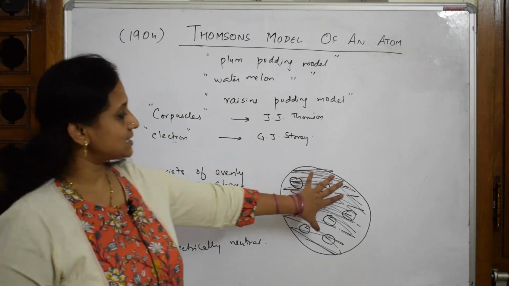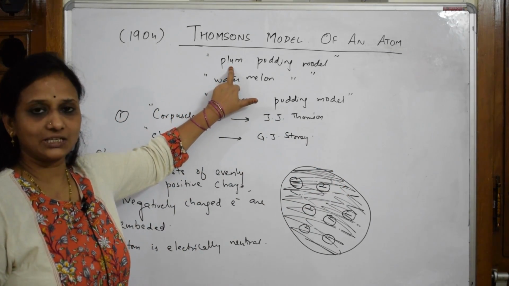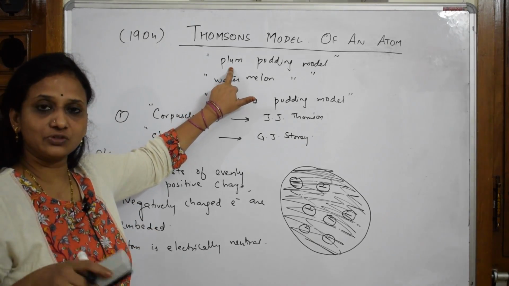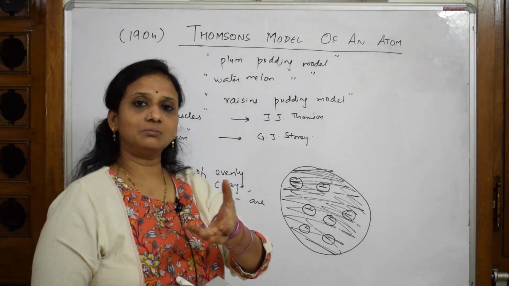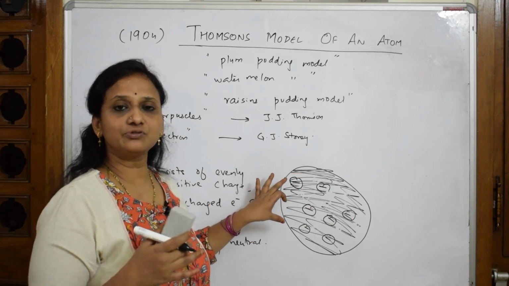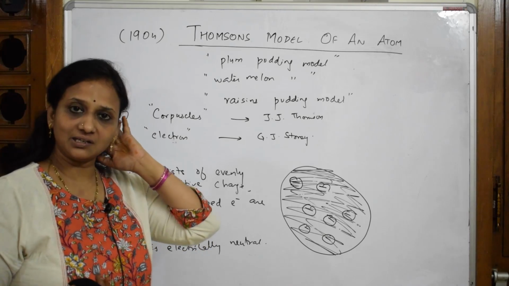First, he compared the model of an atom with the plum pudding model, just like your cake where you have all the raisins, the dry fruits, incorporated. The whole mass of the cake is compared to the positive charge, and all the dry fruits are compared to the negatively charged electrons. When it comes to watermelon, it is the same case.